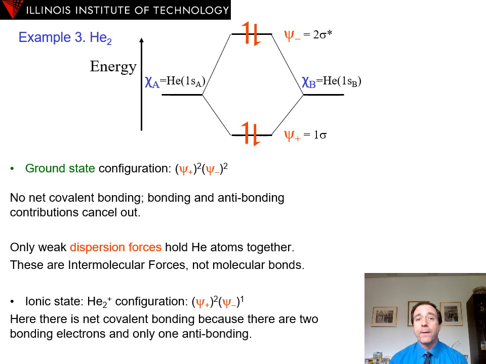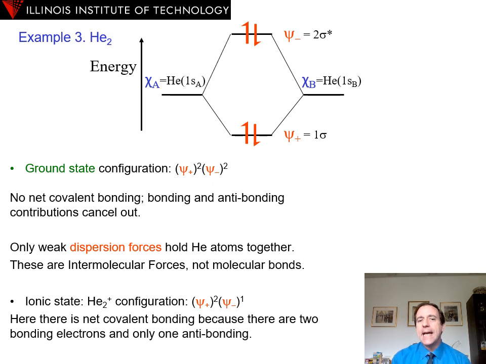Well, the only parking space we have left for them, or the lowest energy parking space we have for them right now, is in the antibonding orbital. So we're going to call that the 2 sigma star orbital, whereas we call the first one 1 sigma, the second sigma orbital, so we'll just give it the number 2. And we're going to put a star on it to indicate that it is anti-bonding.